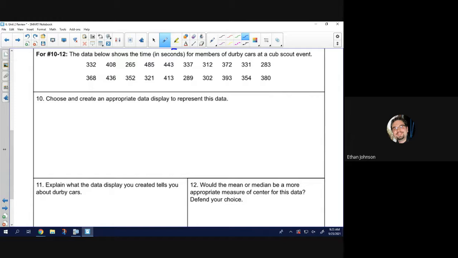We could type in the numbers on our calculator and do stuff for the histogram. Once again, this is up to you. Because of that, we're not going to really go through this one now. This is your choice.